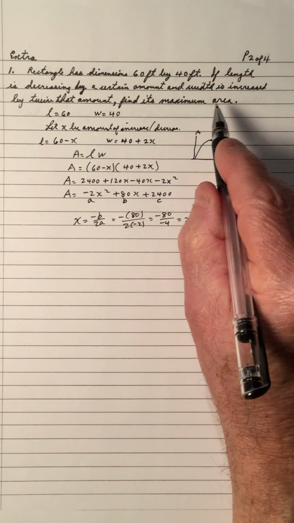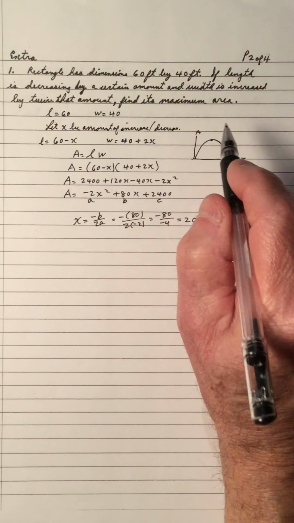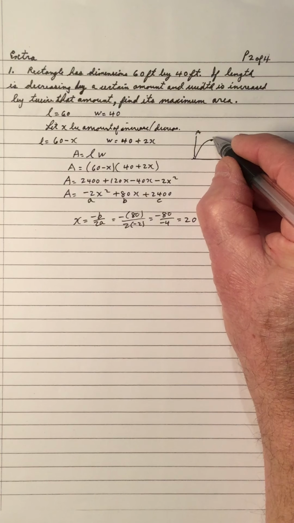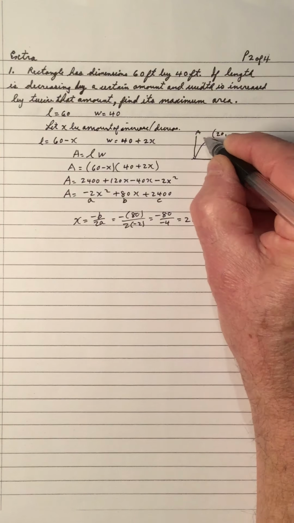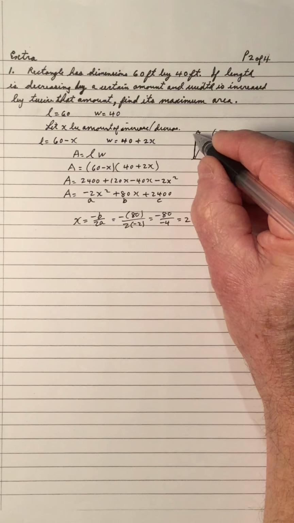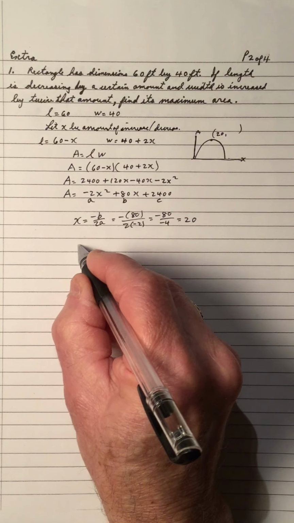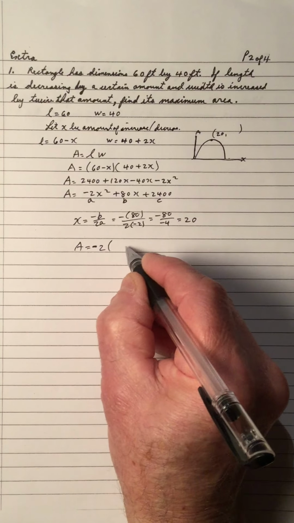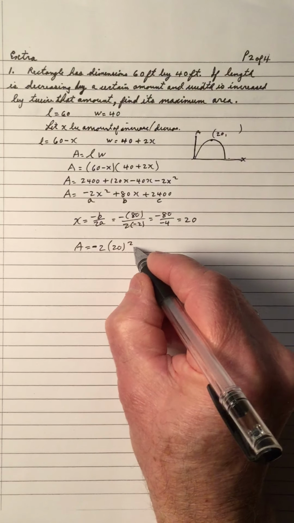And it says find the length and width that will give you the maximum area. So x here is 20, and the height or the area is the vertical distance up and down here. So we want to find what the area is. To get the area, we will sub the x of 20 back into this equation and figure out what A is.